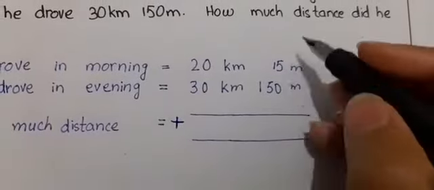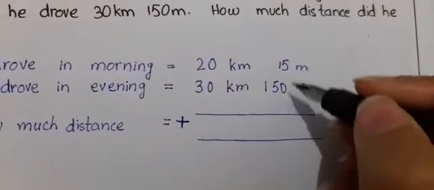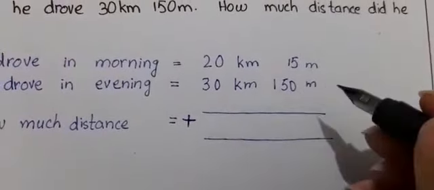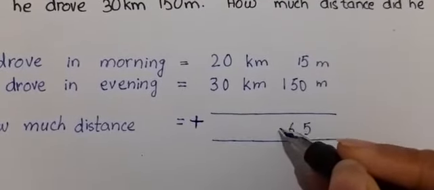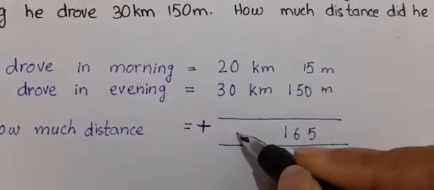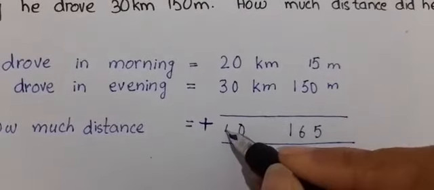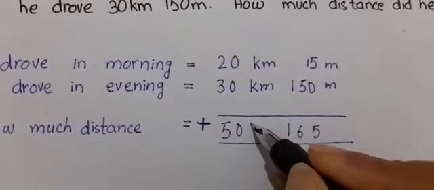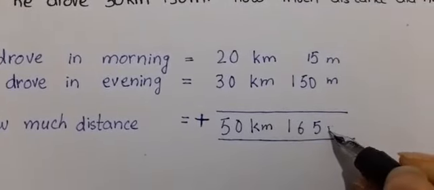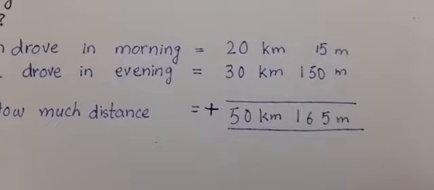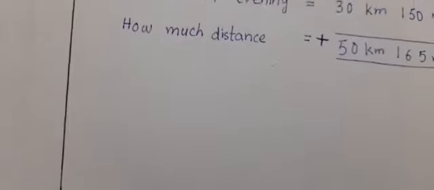As you know boys, addition, subtraction, multiplication start from the right hand side. So 5 plus 0 is 5, 5 plus 1 is 6, 1 plus 0 is 1, 0 plus 0 is 0, 2 plus 3 is 5. So the total distance is 50 kilometer 165 meters. Okay.